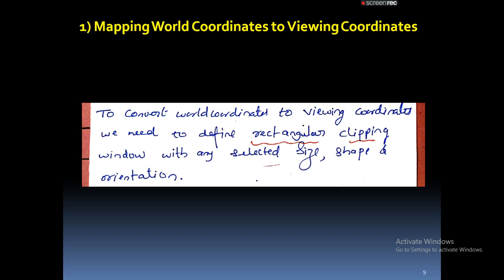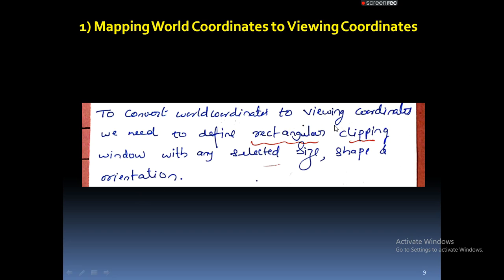When you are discussing three-dimensional viewing, the shape of the clipping window becomes a clipping volume, meaning the shape is like a cube, as I said in the previous video lecture, and you can define your own orientation. So these are the three parameters you need to specify with respect to viewing coordinates.